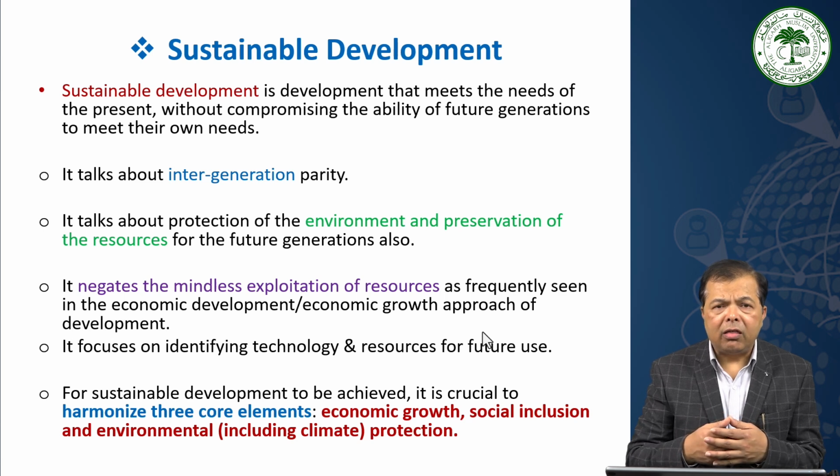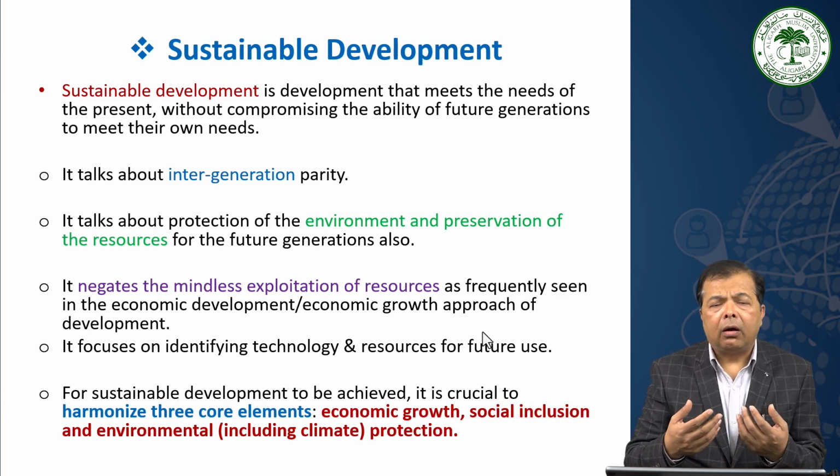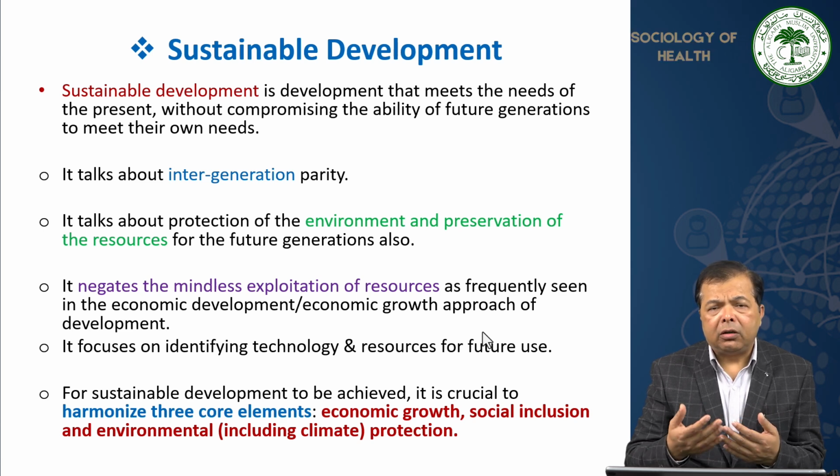The second important thing is basically taking care of the environment, because the environment is very important for the survival of humans. Not only humans, rather all species. The planet itself. In the last 100 years, we have been witnessing that the planet is undergoing several types of changes, and very often we term those changes as climate change, and sometimes we get to know of extreme conditions which suggest that the existence of the planet itself is under threat.